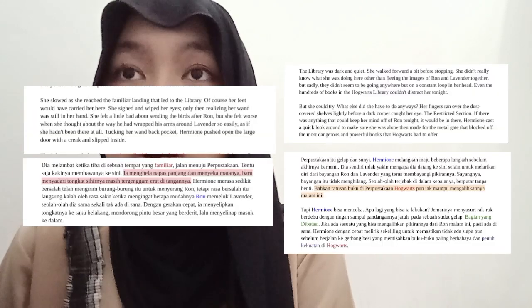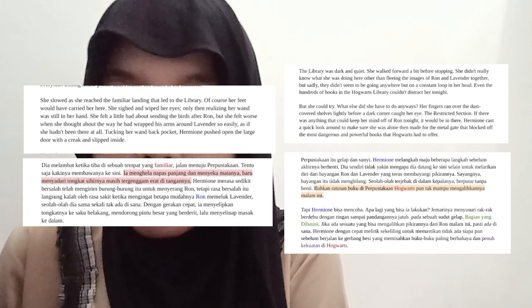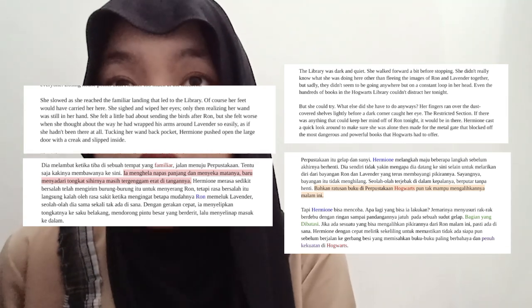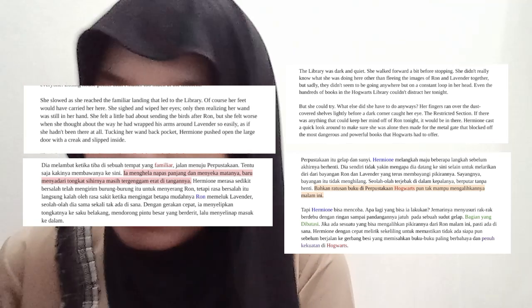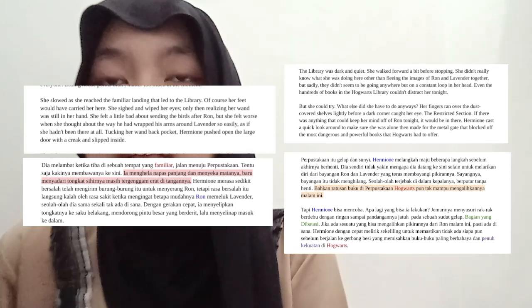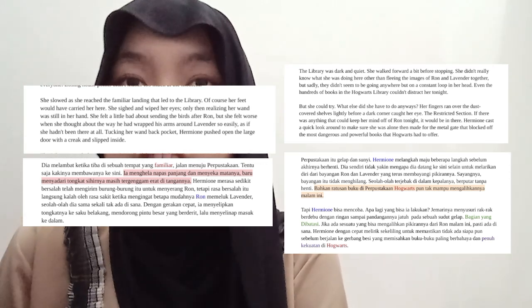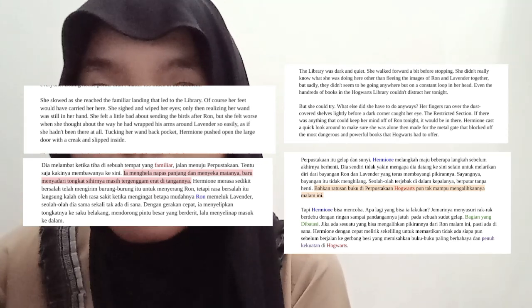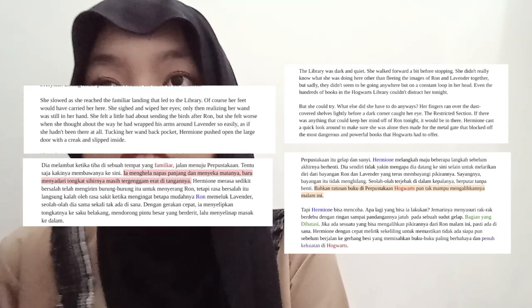The next technique is pure borrowing technique. For example, there are Hogwarts and familiar. These words were translated as Hogwarts and familiar. These words were left unchanged since they are internationally recognized and relevant to the narrative.